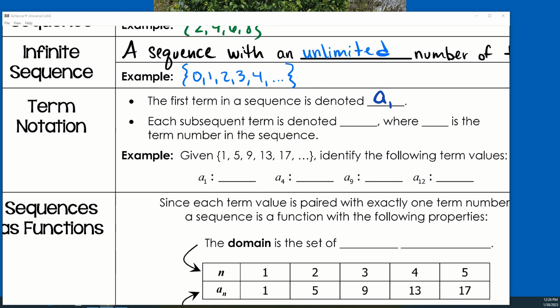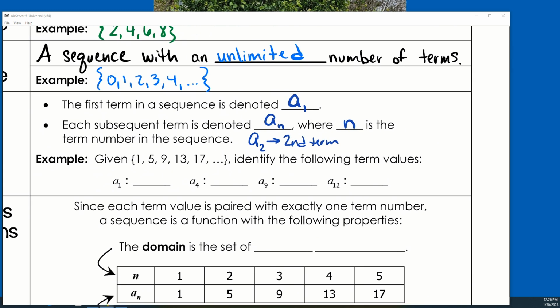Each subsequent term is a sub n, where n is the number of the term. For example, a sub 2 means the second term, and a sub 3 means the third term.